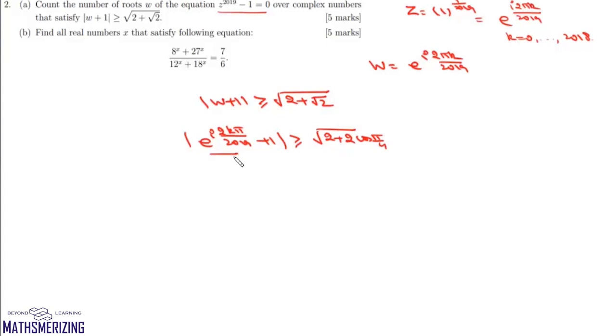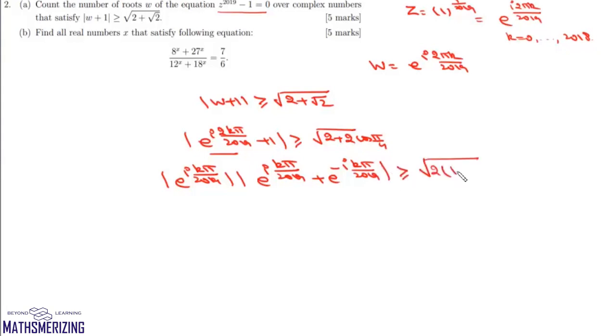Now here we'll take e to the power iota k pi upon 2019 common. So we can write mod of e to the power iota k pi upon 2019 into e to the power iota k pi upon 2019 plus e to the power minus iota k pi upon 2019, and it should be greater than or equal to, if we take 2 common, we get 1 plus 2 cos square pi by 8 minus 1. So here 1 and 1 will cancel.